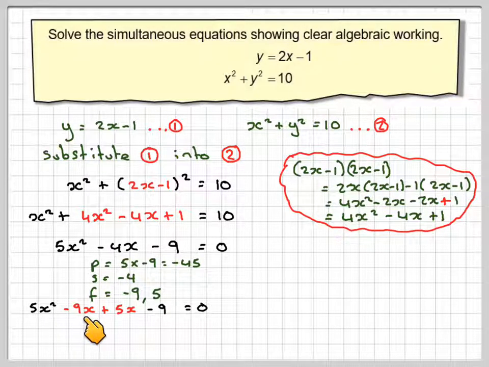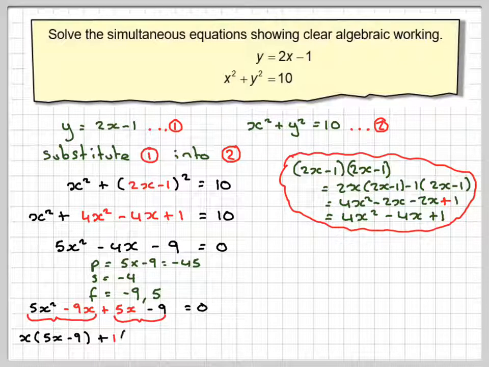You now factorize by grouping. So the common factor here is just x, so it comes out and we get 5x minus 9. Bring down the plus sign. There is no common factor here, so we'll write down a 1, and in brackets we'll write down 5x minus 9. We're just careful, this is a plus, so it doesn't affect the sign. Still equal to 0.